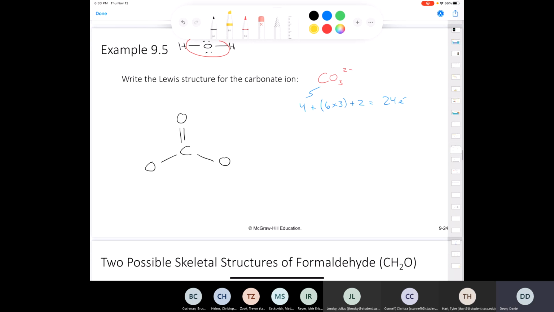Now, I've used up a total of 1, 2, 3, 4, 5, 6, 7, 8 valence electrons. I've got 16 left to go.